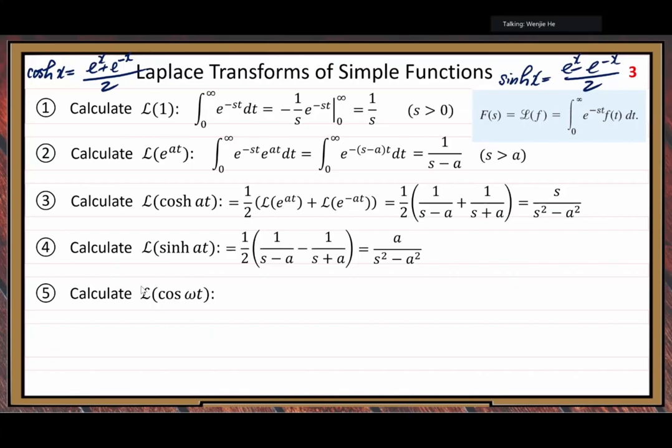But to calculate that, we need to introduce a notation for it.